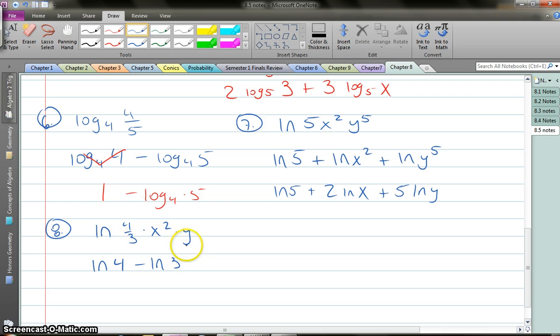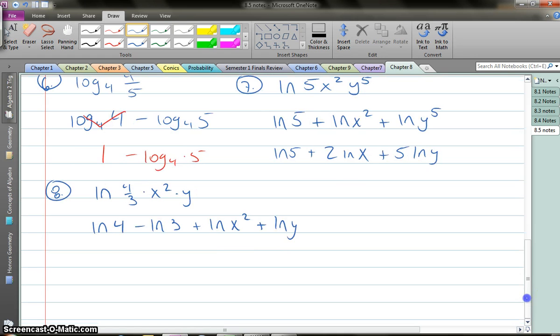I took care of this. Now we have multiplication, so plus natural log of x squared plus natural log of y. Now ln of 4, natural log of 2 squared, can be written as 2 natural log of 2, minus this one, which can't be simplified. This one can be expanded because my 2 can come out in front, and this one's good to go.